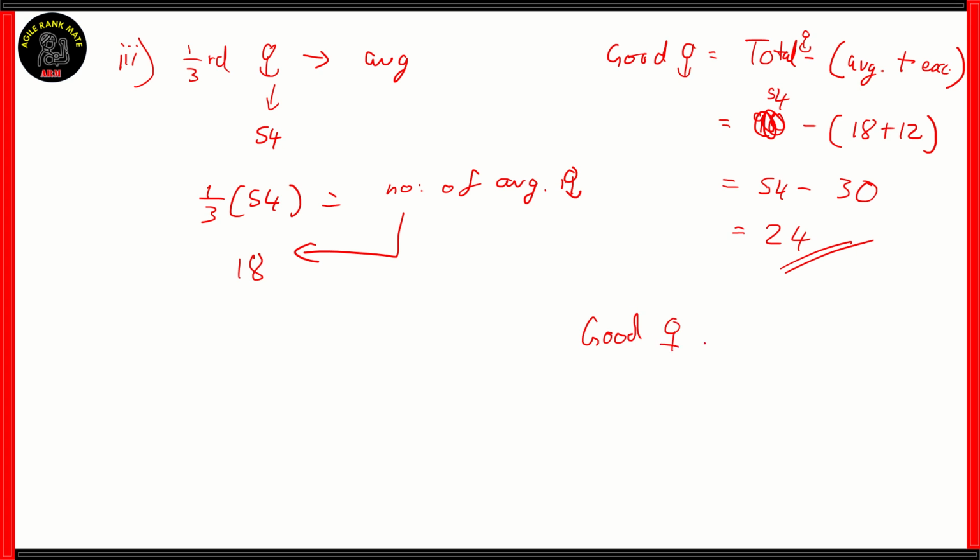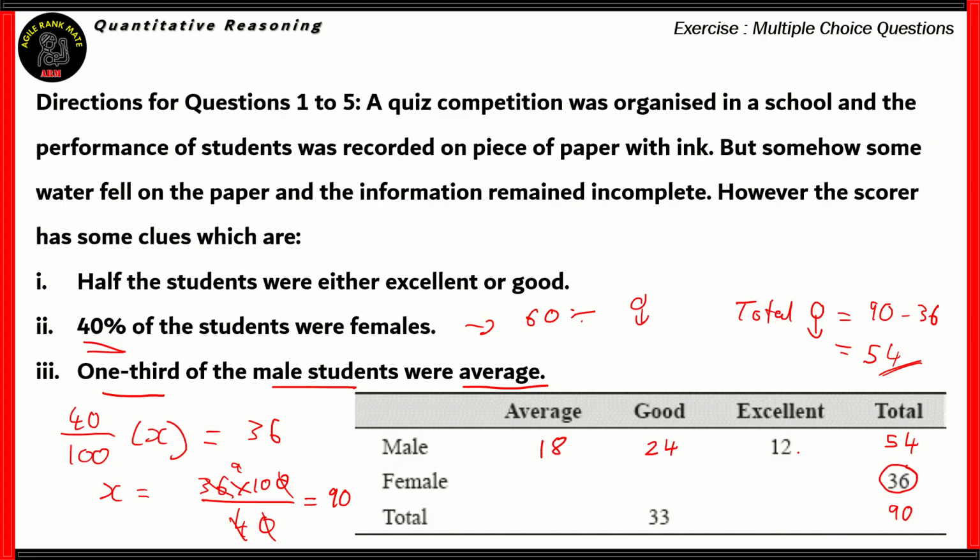So good female students is equal to total good minus good male, which in this case turns out to be 33 minus 24, which is equal to 9. So the number of good female students turns out to be 9.